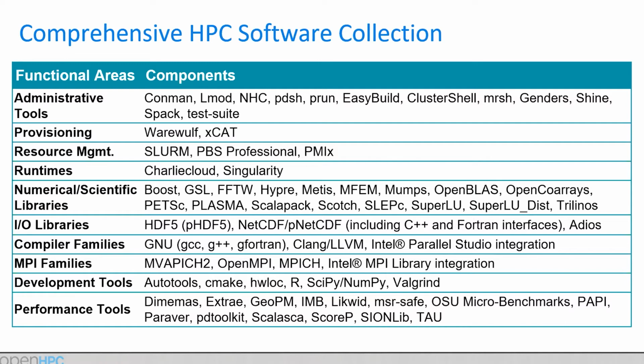We provide Warewulf pre-built. We support xCAT. We don't provide the pre-built binaries, but we provide recipes for building OpenHPC clusters using xCAT, as well as Slurm, OpenPBS, and other components.